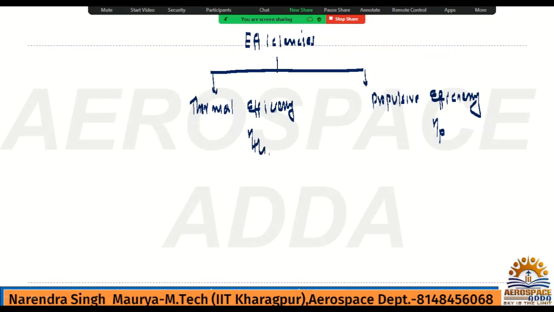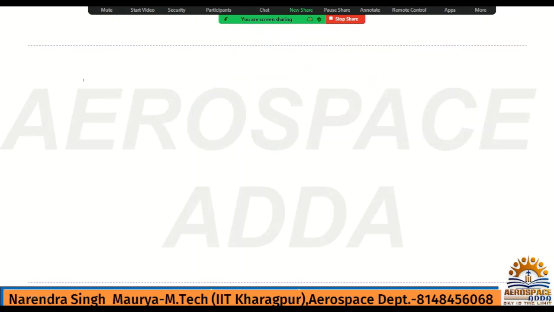In a similar way to what you had seen for jet propulsion, we can write the efficiency formula for rocket propulsion. Here I am going to write this formula directly: eta TH is nothing but V equivalent square plus V square divided by 2 into combustion chamber efficiency into heat value.